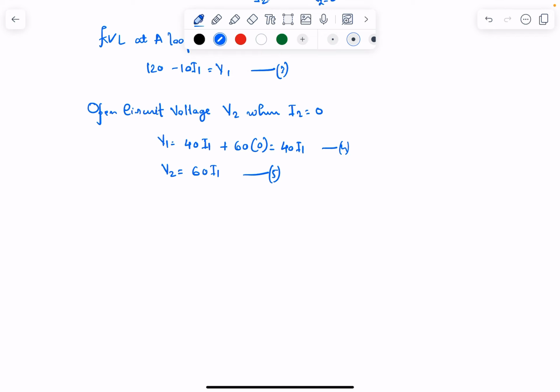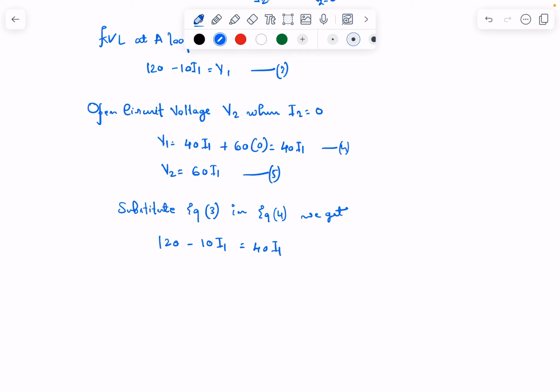Now substitute equation 3 in equation 4. We get 120 minus 10I1 is equal to 40I1.